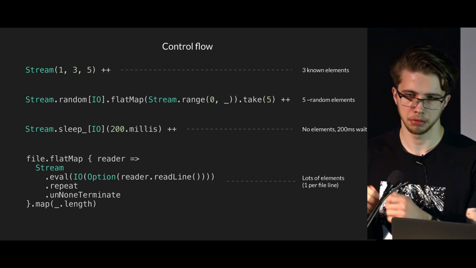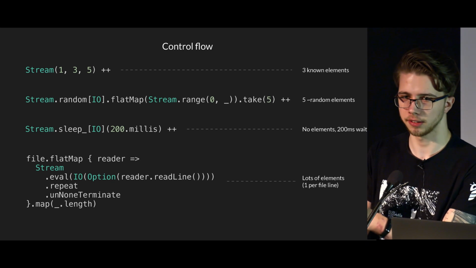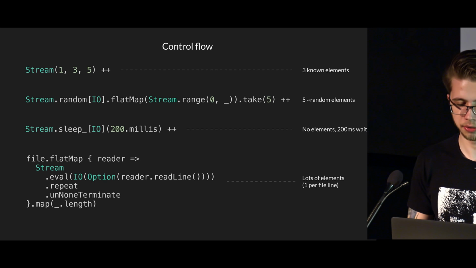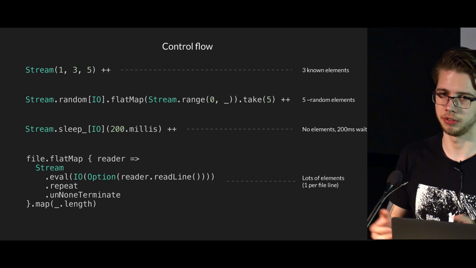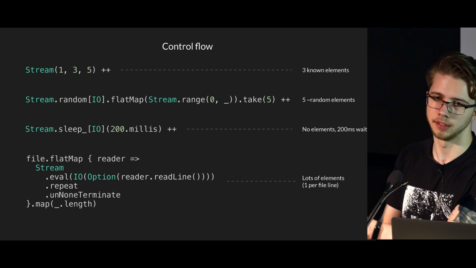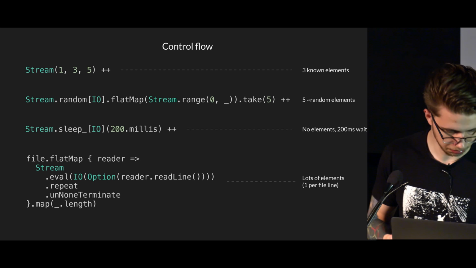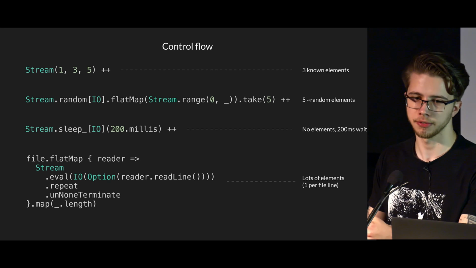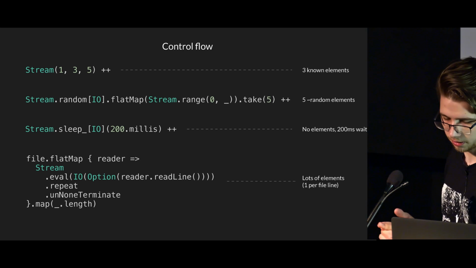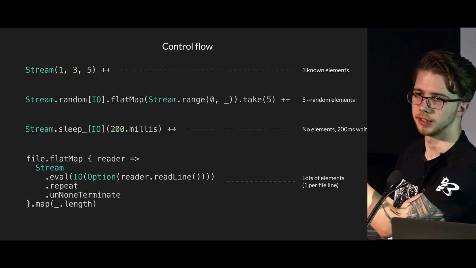And then we will run a stream that will just wait for 200 milliseconds once, and then use the file resource in a stream and read lines from it until we're done with the file. And then I guess we get each line's length. And this is a stream of integers. Like the whole thing combined is a stream of integers.